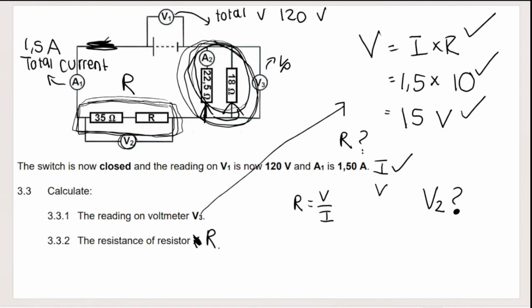Well, remember, we discussed earlier that the total voltage, which is 120, which is over V1, some of it is going to go to the V voltage in parallel, and the rest is going to go to V2. The total is 120, V1, and 15 goes to V3. How much is left over for V2?